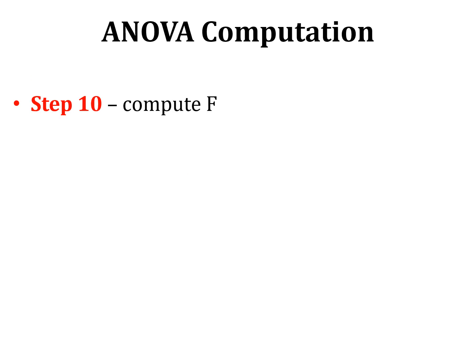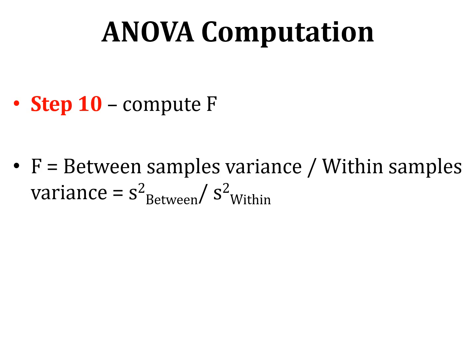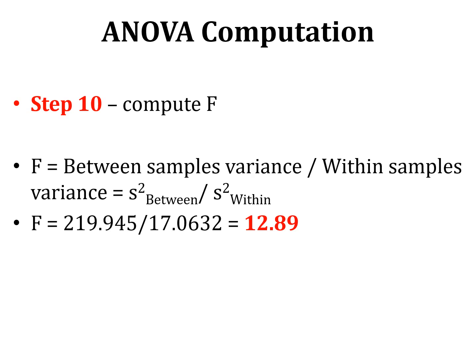F in this case is obtained by dividing the between samples variance by within samples variance, which in this case is 219.945, the between samples variance, which is greater, divided by 17.0632, the within samples variance, and the answer is 12.89.